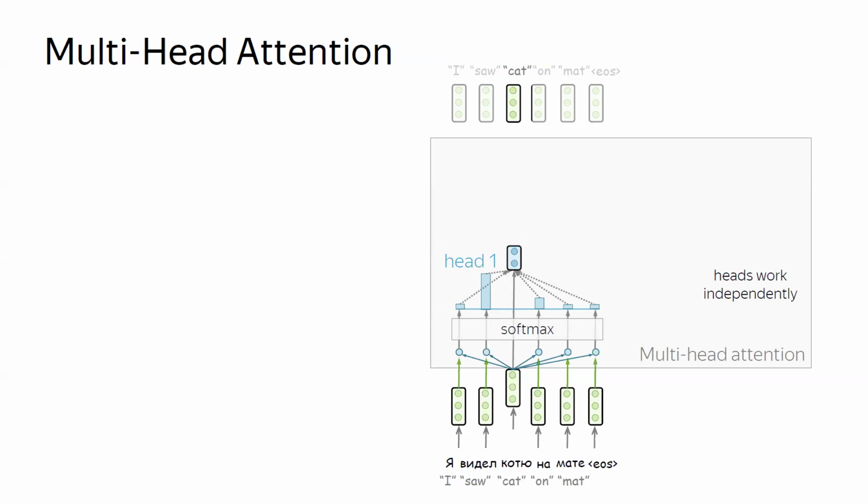When we create three different embeddings for our original embedding, we can split them into parts, and these parts are called heads.